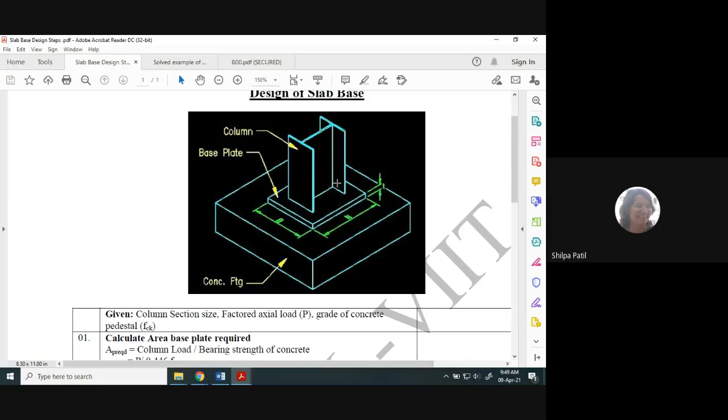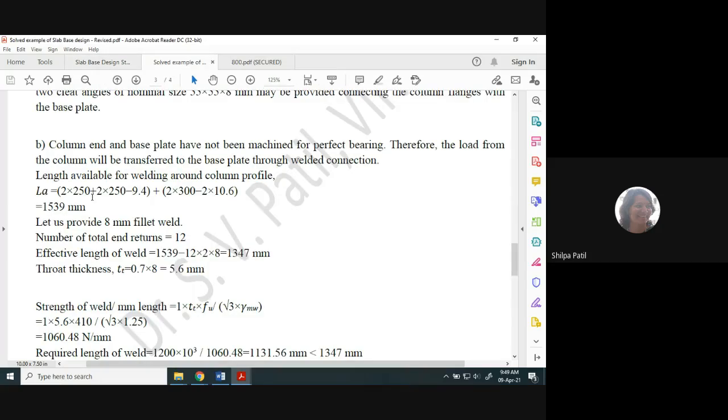Now in the interior part, the web of the column is present, so that much thickness of the web we have to deduct, because there how will you provide the weld? So 2 into 250 plus 2 into 250 minus thickness of the web 9.4. Is it clear?